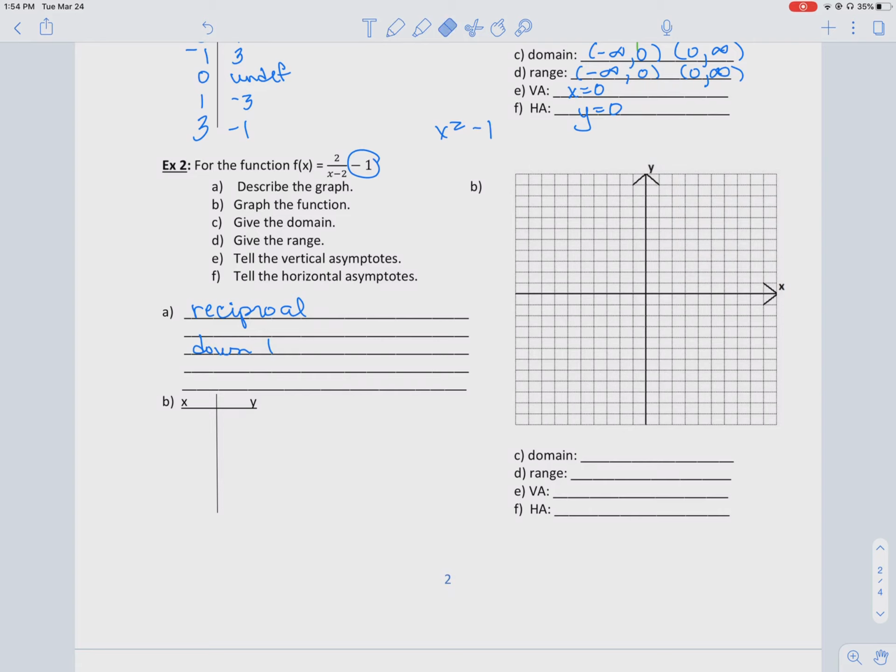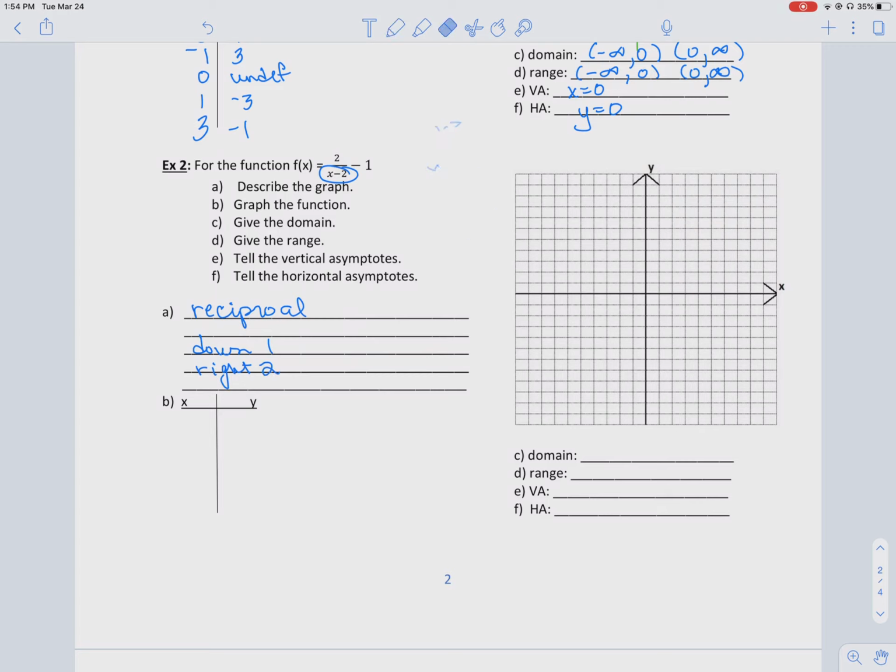Now this, on the inside here, the -2, notice that's a -2 on the inside of my function. That would sort of be like what you would do here. And if we did that, we would move it right 2. Okay, so we're going to do the same thing here. It's going to move right 2.